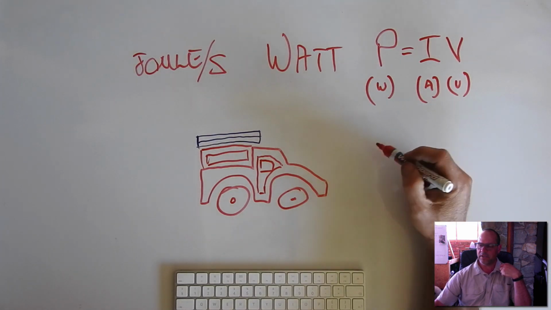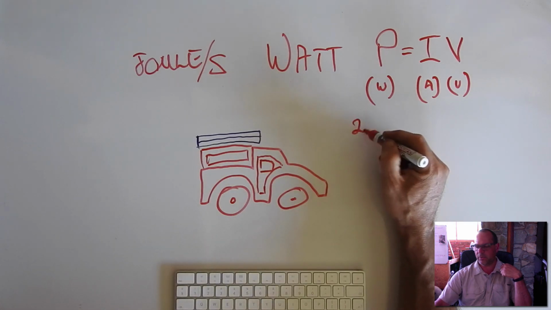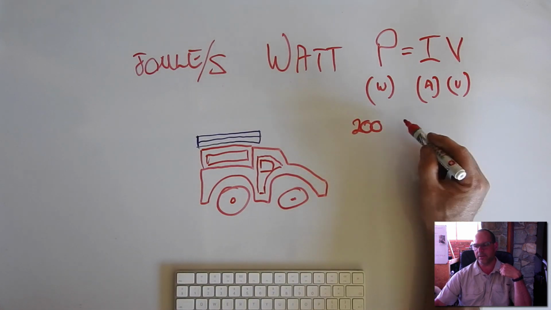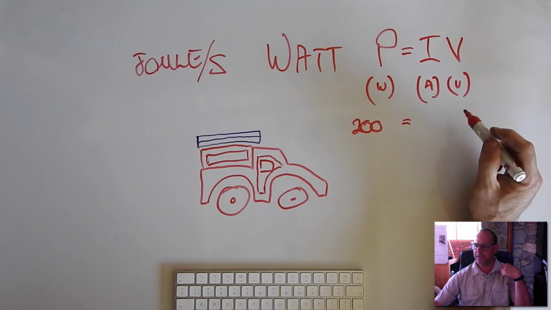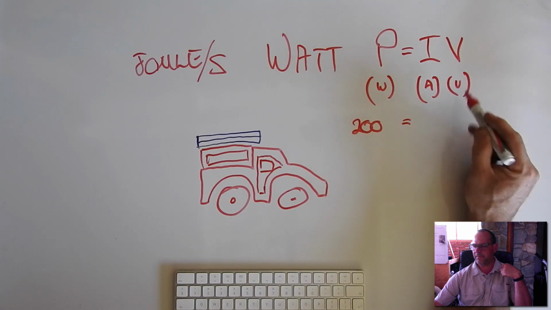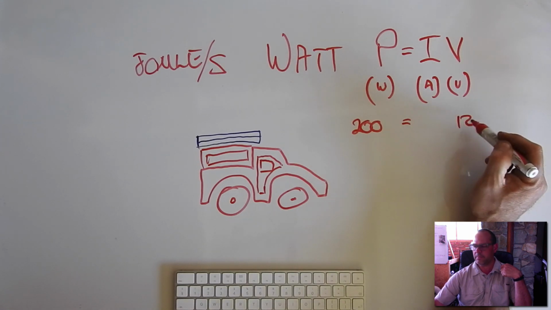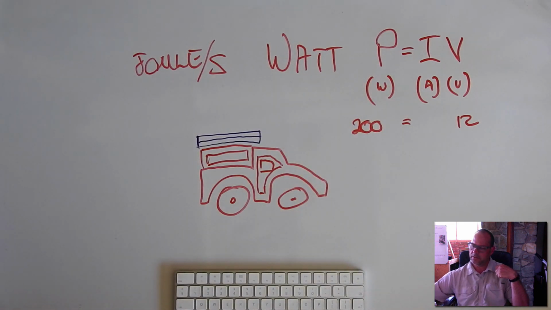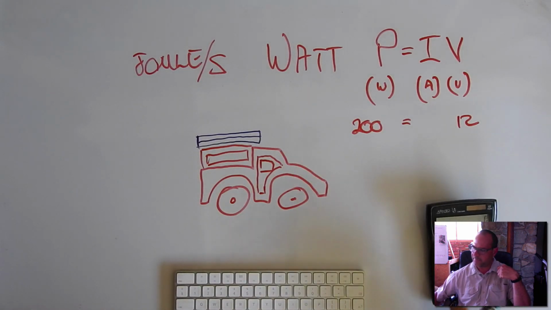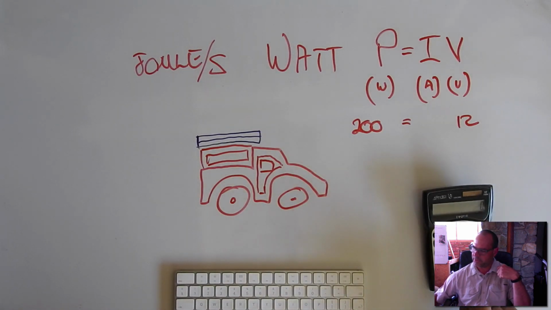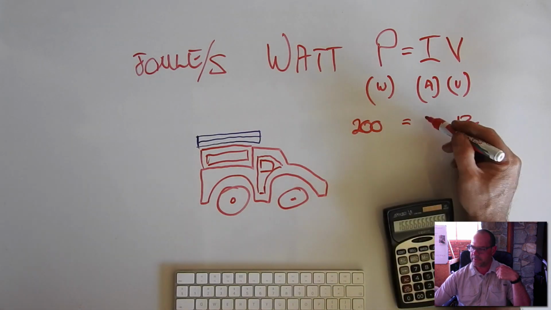So if I have a 200 watt solar panel, in a 12 volt system the amps would be 200 divided by 12, 16 amps.